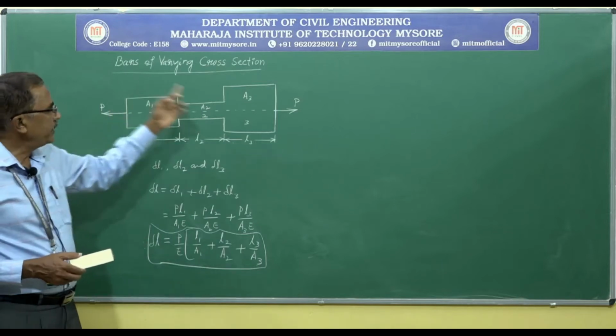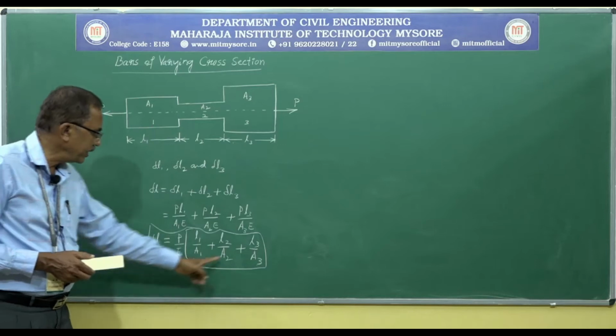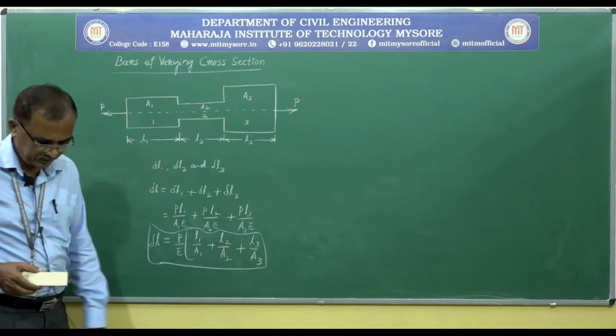So when a bar of varying cross section is subjected to axial load, the total change in length can be obtained by using this expression.